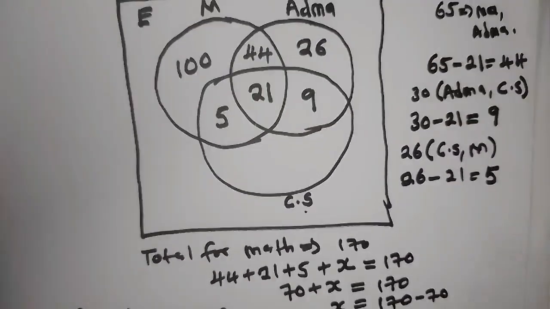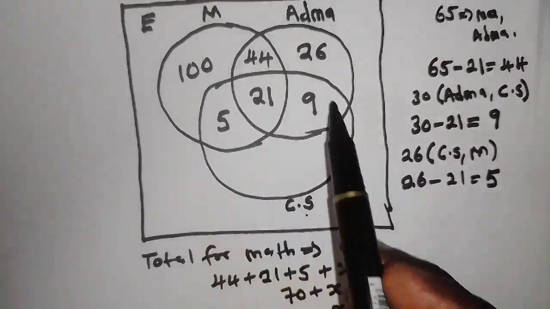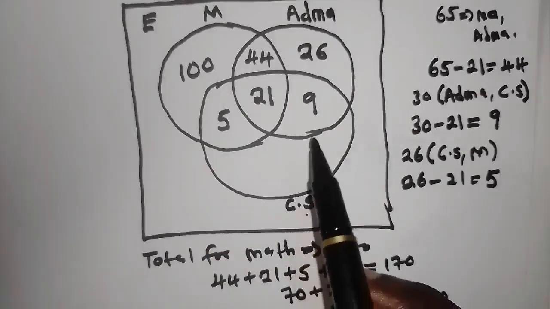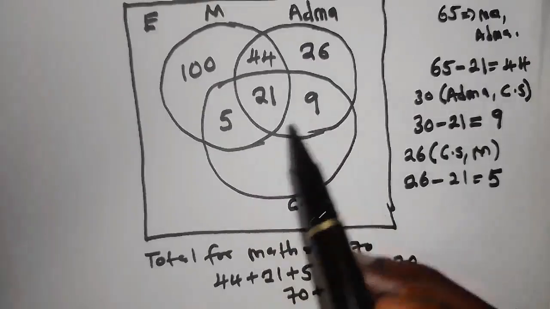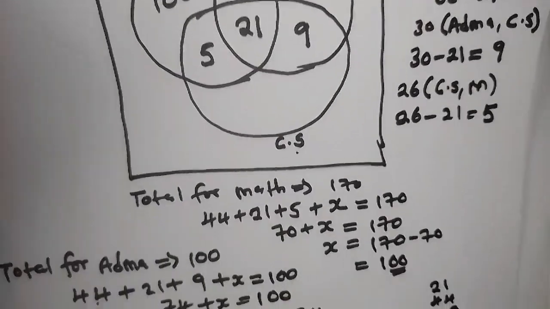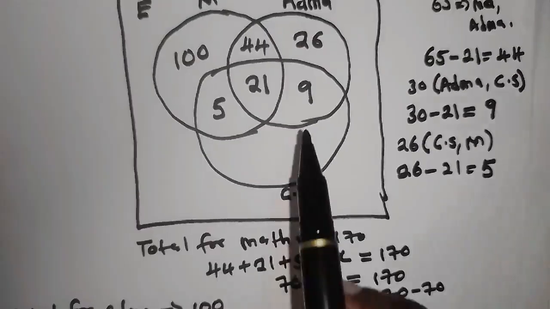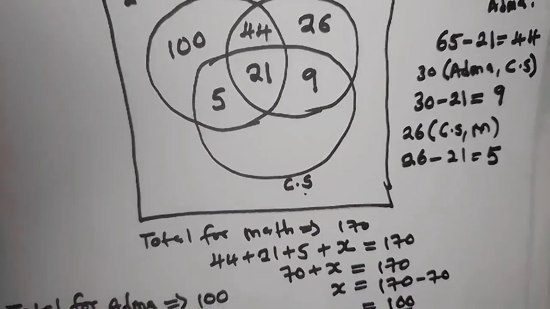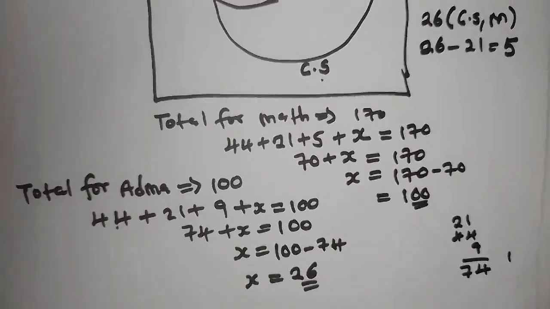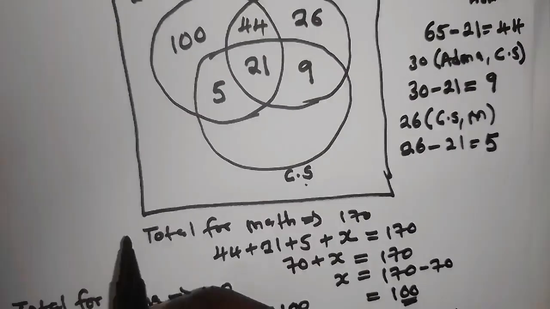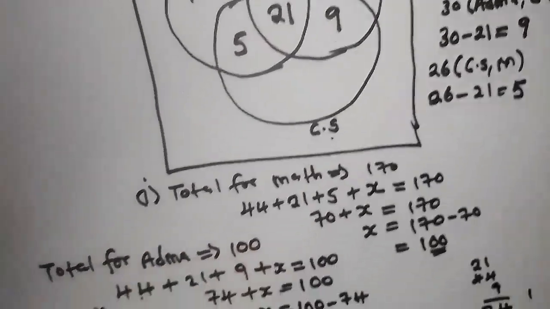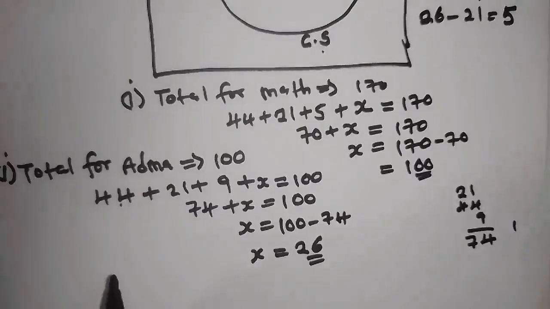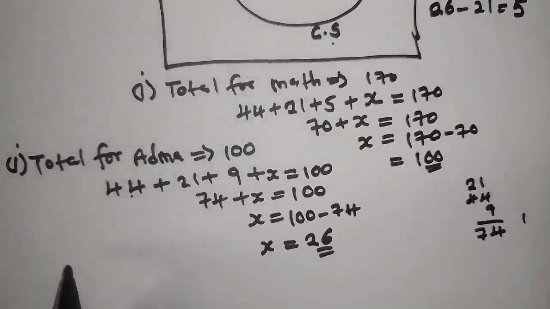We have been told that this circle that is making up computer studies should be able to give us 41. So we have to find out those that only taught computer studies. So we'll kind of do the same thing. Okay, so this was 1, this was 2. So for computer studies, we'll do the same.